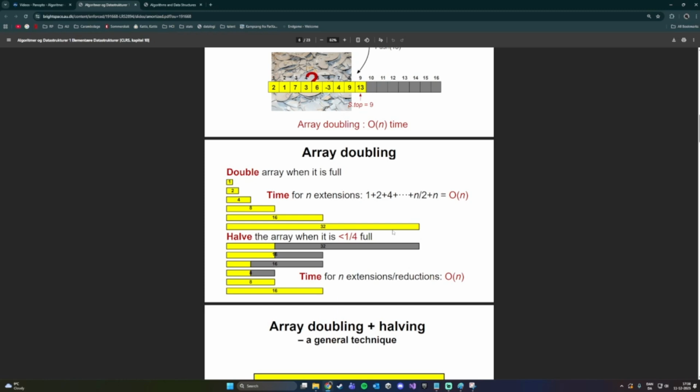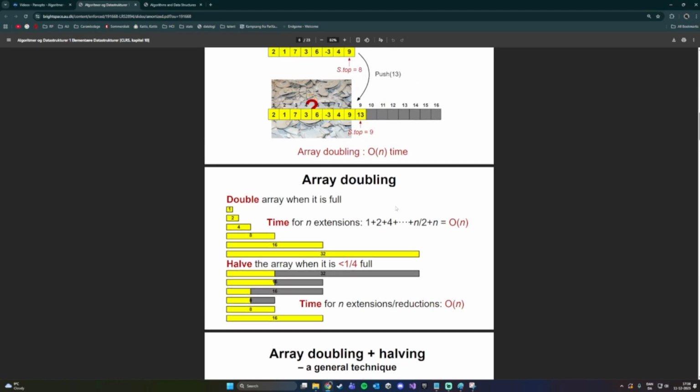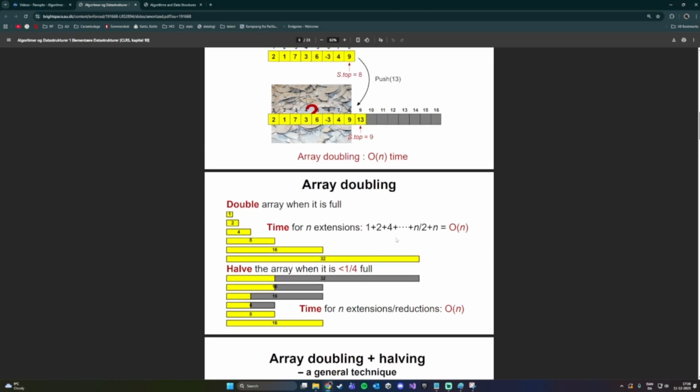And then there are some expensive operations, which is doubling the array, where you have to move everything into a new place. So because of that, you can actually save up during the adding, and then you can use that potential, or that amount of money you've saved up, in the expensive one.